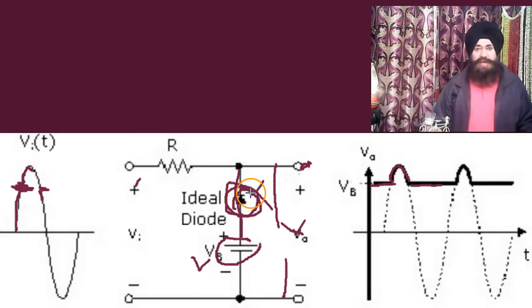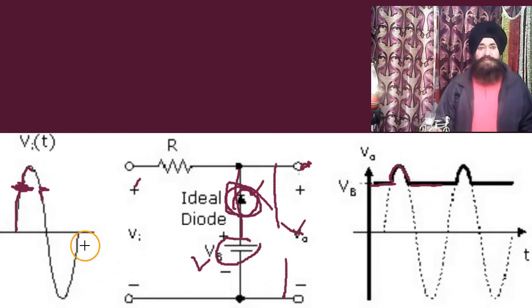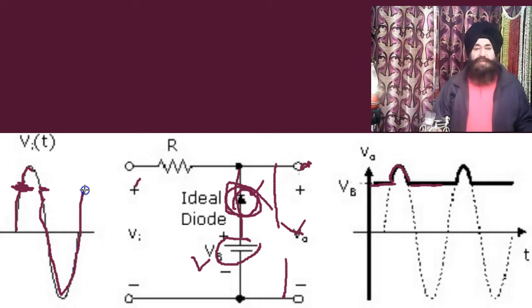The upper end, this N, when it is going down, becomes forward biased, and the voltage between the two remains Vb. So it remains Vb as long as it is going down, down, down.